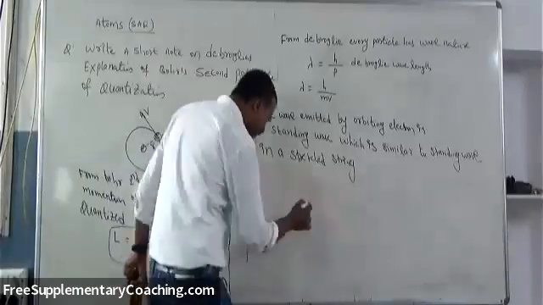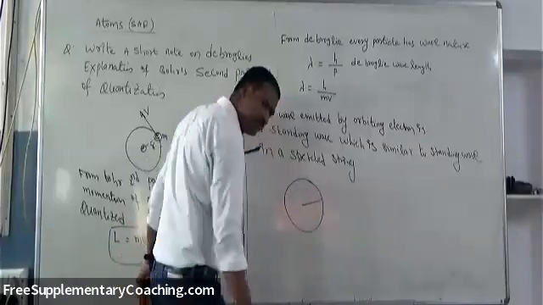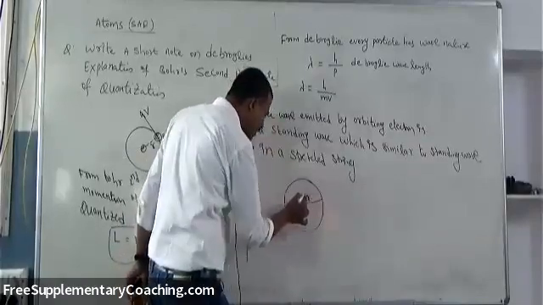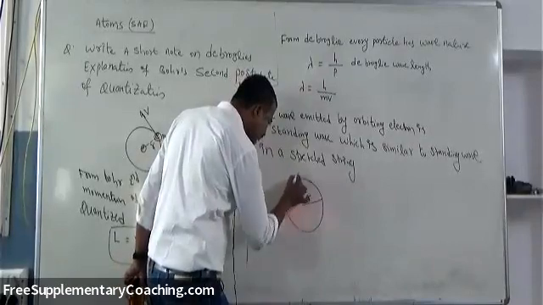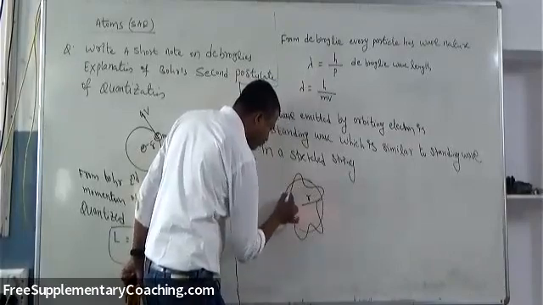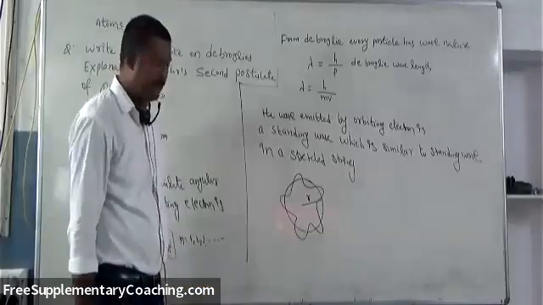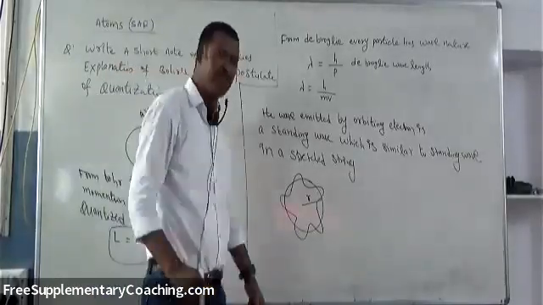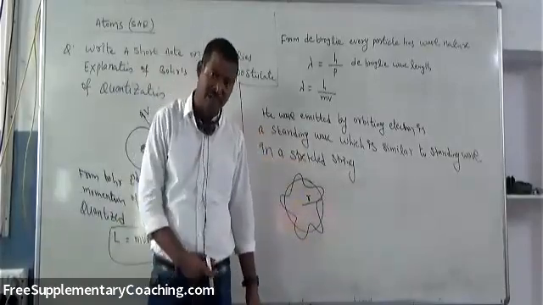For example, if we take an electron orbiting in a particular orbit of radius r, this wave will be generated like this. Like this, a standing wave will be generated, and many wavelengths will form.